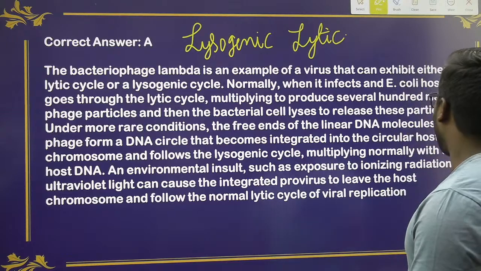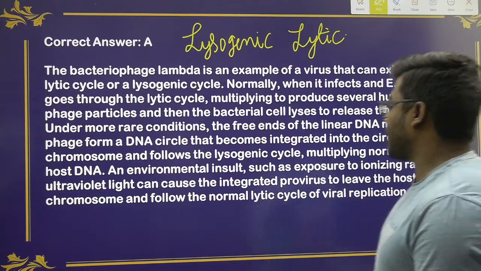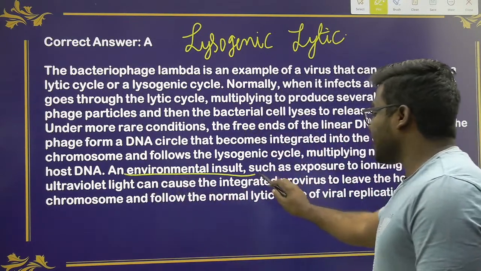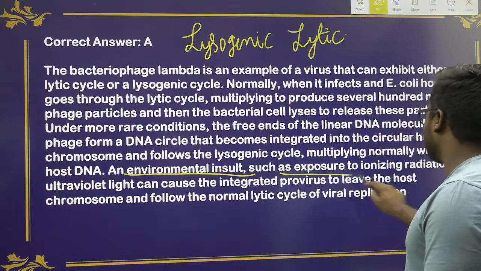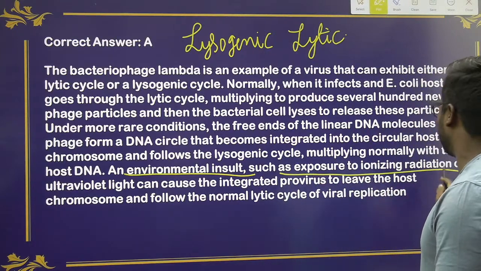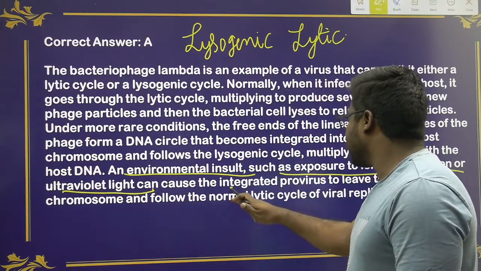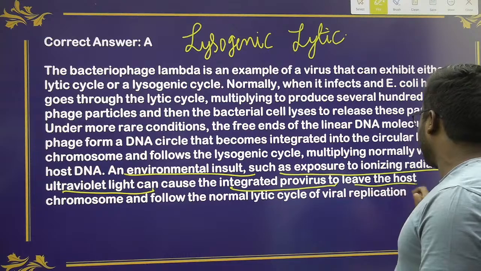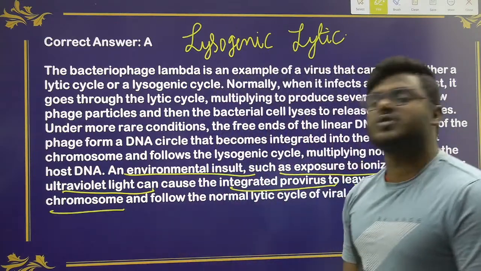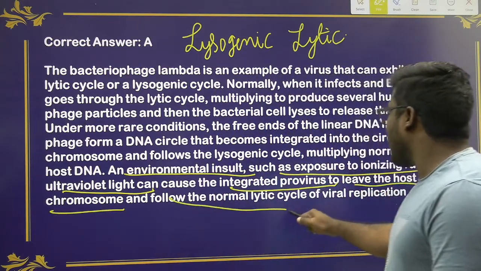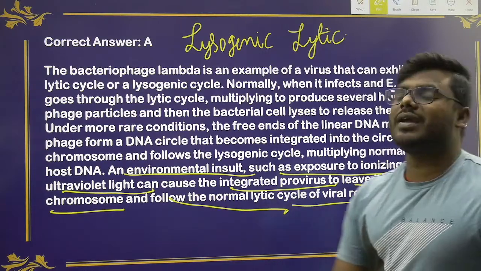So friends, all of you look into this particular process. An environmental insult such as exposure to ionizing radiation or ultraviolet rays can cause the integrated provirus to leave the host chromosome and follow the normal lytic cycle of viral replication.